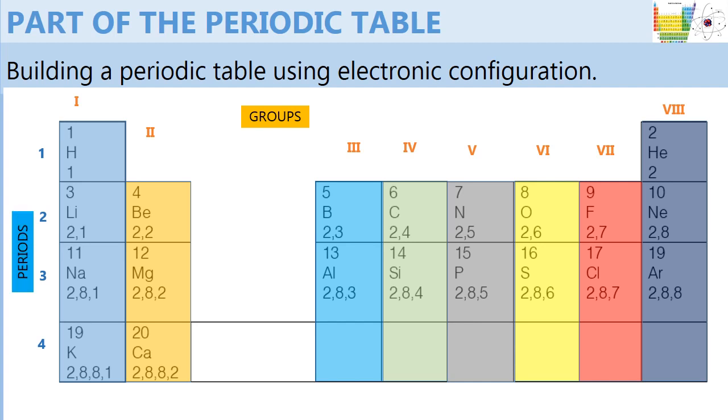Apart from that, we have the periods. We have period 1, which is composed of hydrogen and helium. Period 2, composed of lithium, beryllium, boron, carbon, nitrogen, oxygen, fluorine, and neon. Notice again that each of these electron arrangements only contains 2 energy levels, the first and the second.